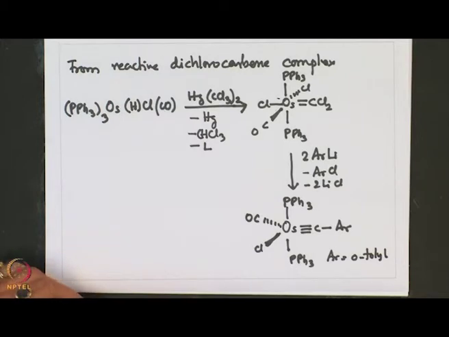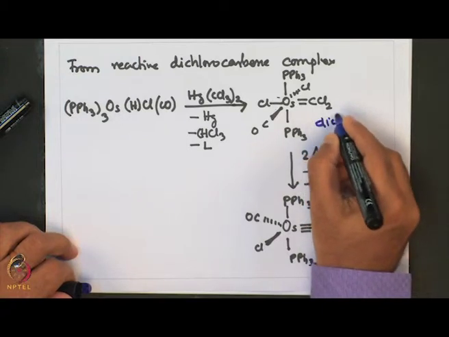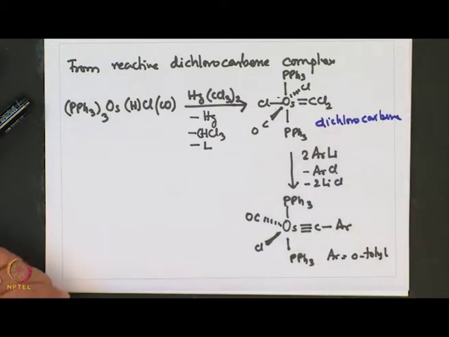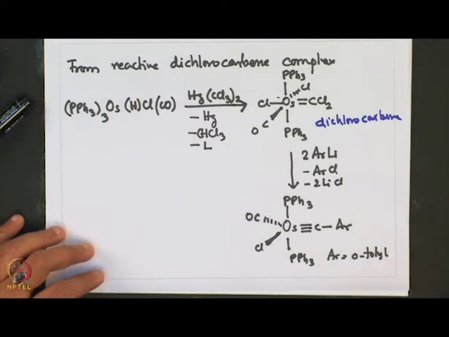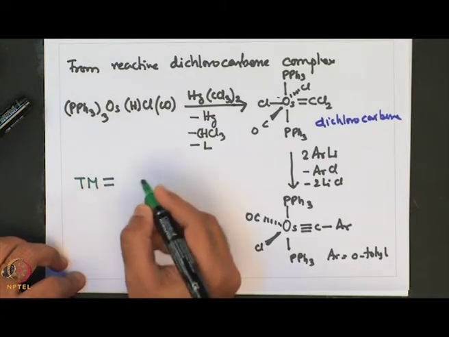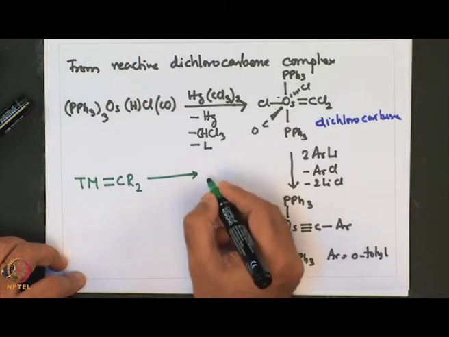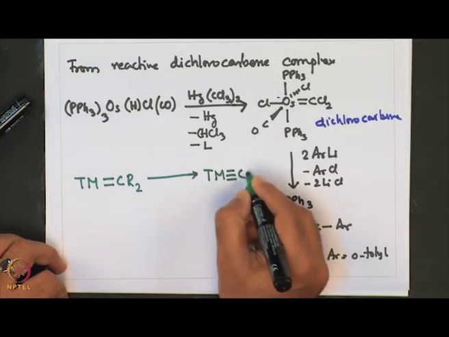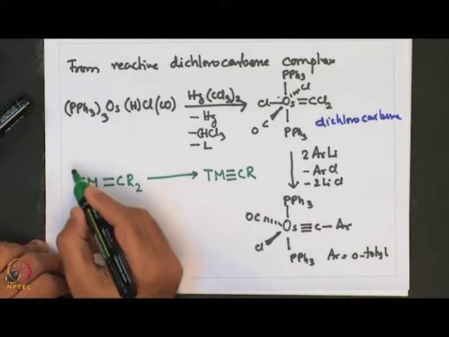So, what one sees is that this dichlorocarbene complex, when treated with aryl lithium, gives the carbyne complex. Here too, what one finds is that this is a strategy that employs the earlier method of constructing the transition metal carbyne complex on a transition metal carbene complex.